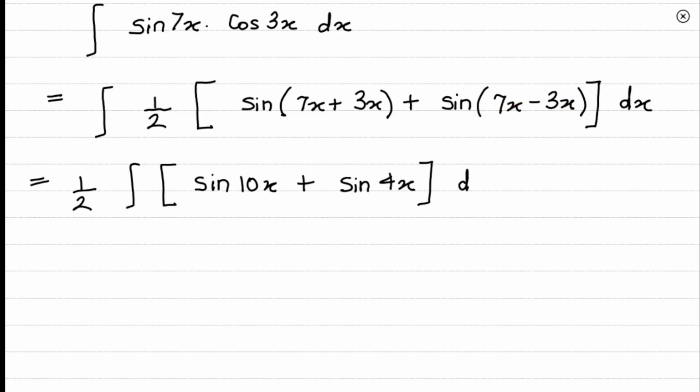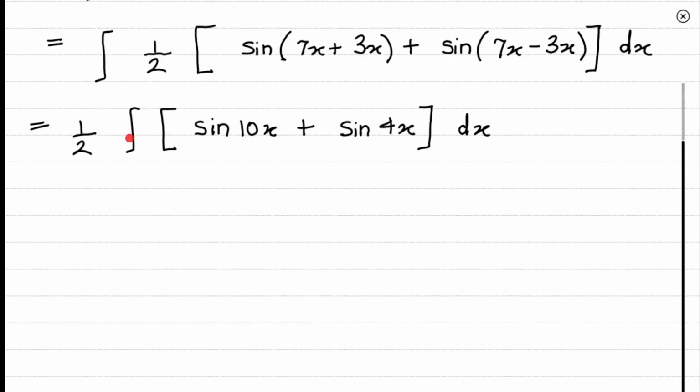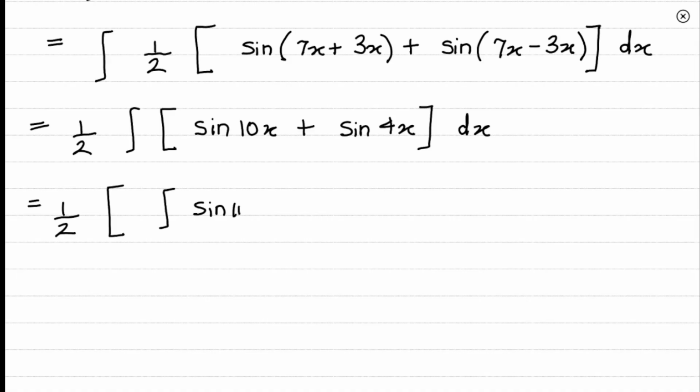Close the bracket. Obviously, we are integrating with respect to x. Now give that integral to both of those terms inside of that bracket. So we have half. Let's put a bracket. In the first term, we have integral of sine 10x with respect to x plus integral of sine 4x with respect to x. Let's close that bracket.